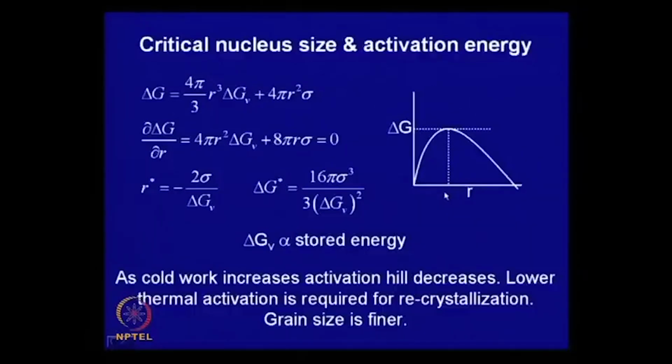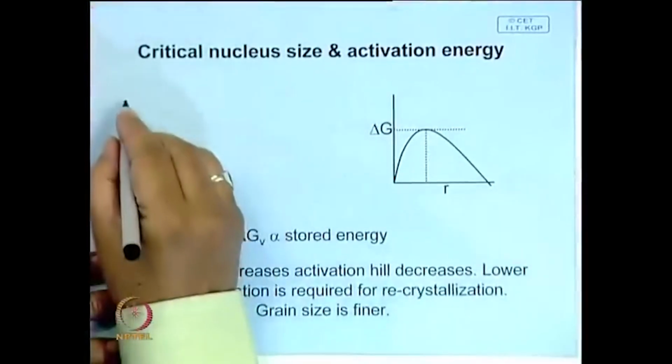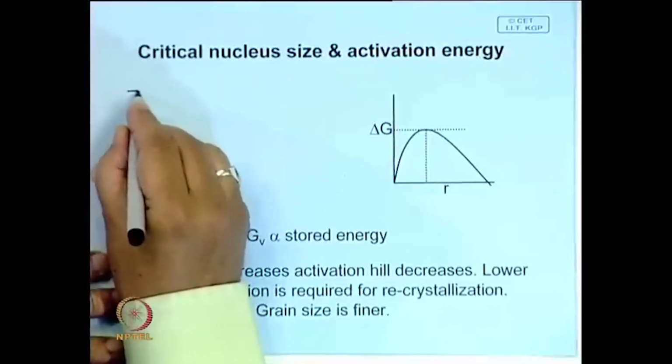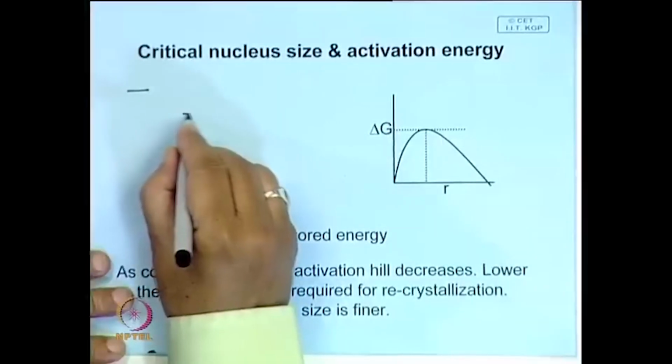Now, as cold work increases, what happens? As cold work increases, what will happen to the activation hill? Obviously, if you increase the cold work, you can imagine like this. You have a cold work material, and somewhere here an annealed material, which is a more stable material.